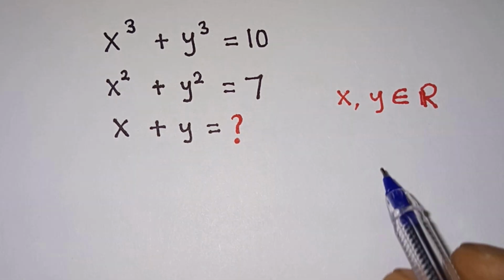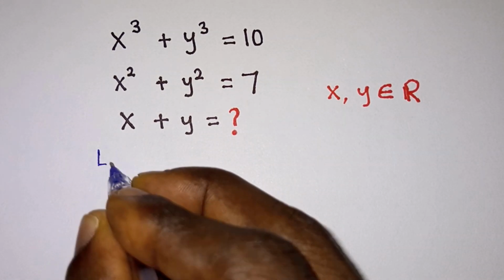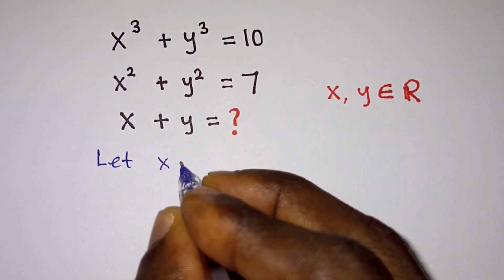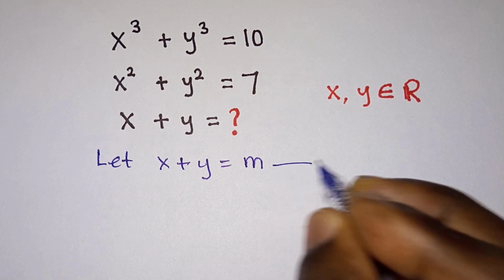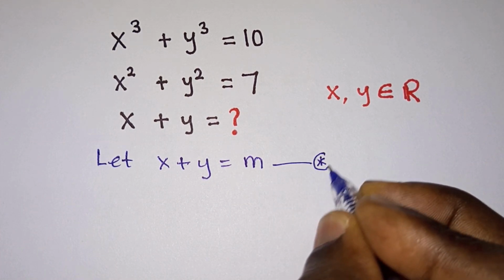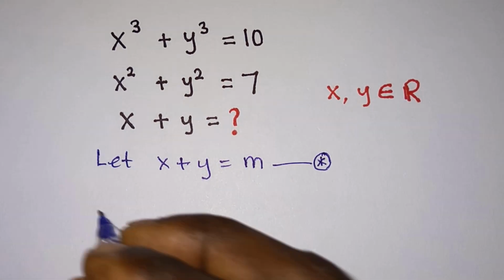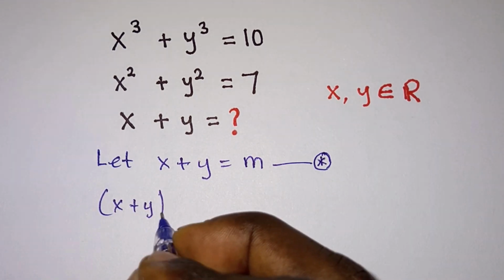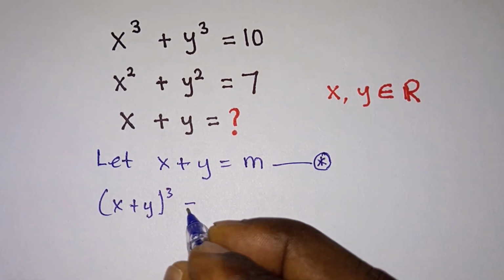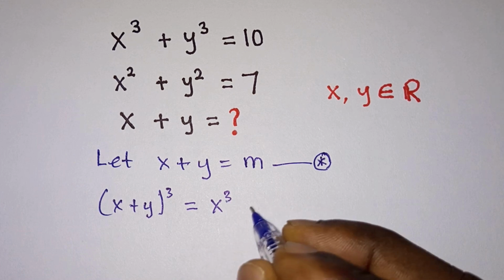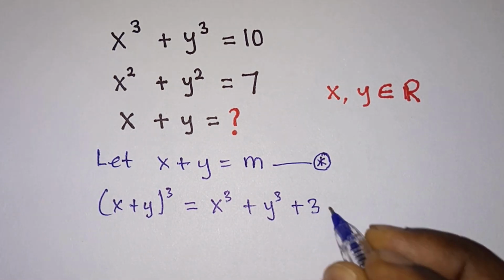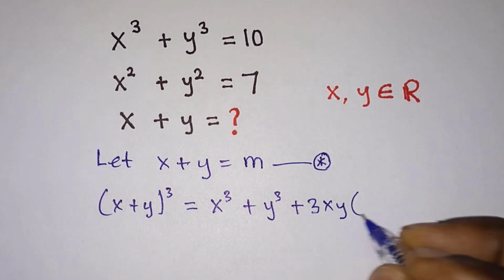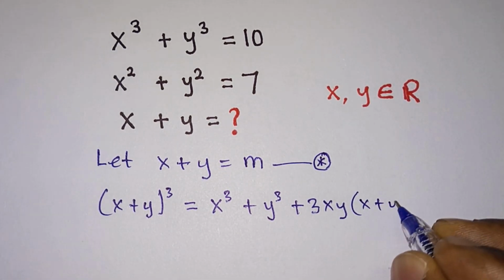Now let's get started. First of all, let x plus y equal to m, and we will call this equation star. Then we know that (x plus y) to the third power is the same as x to the third power plus y to the third power plus 3 times xy times (x plus y).